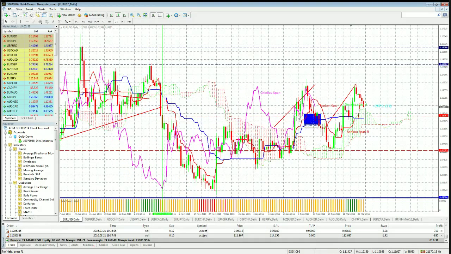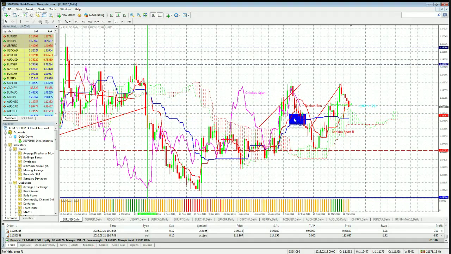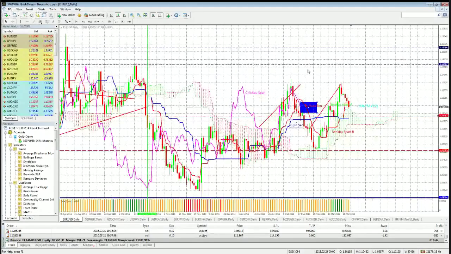Chikou's kind of cleared price, but if this keeps going down, we're not really going to see much. If this starts moving up very soon, then I might look at getting into this. Okay, but with the way it's situated at this point in time, I'm not really that ecstatic about taking a trade on this one. It's not situated perfectly for me.